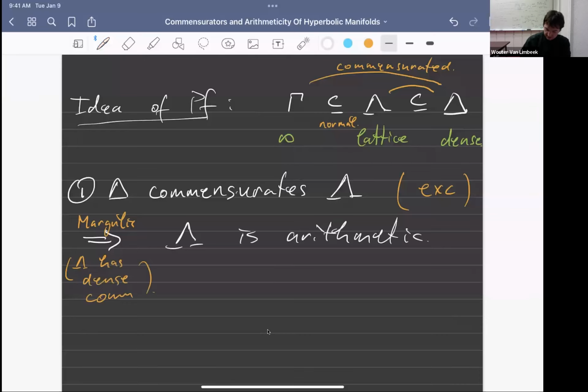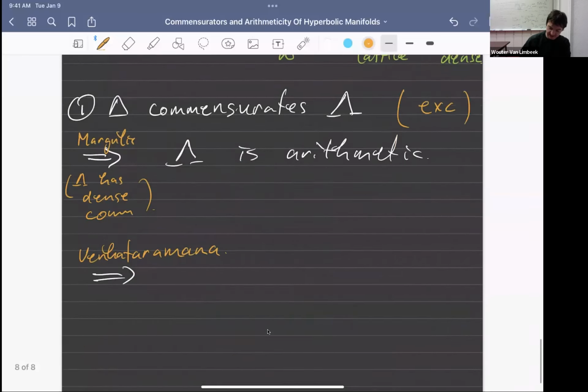And that means, by a result of your very own, now I'm gonna butcher this name, but Venkataramana, I think. I hope my pronunciation is somewhere close.